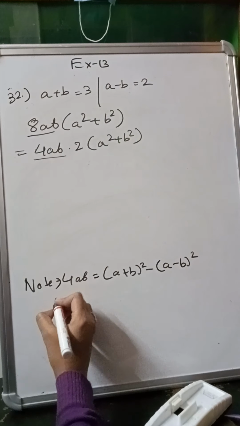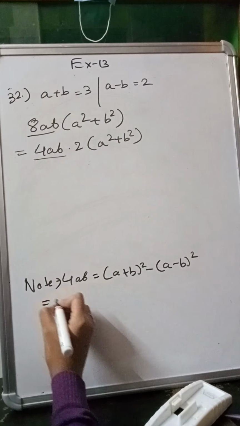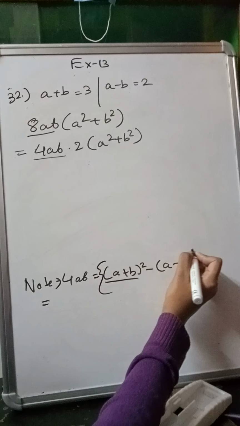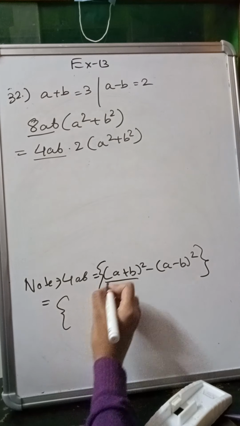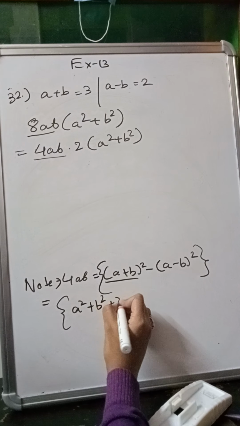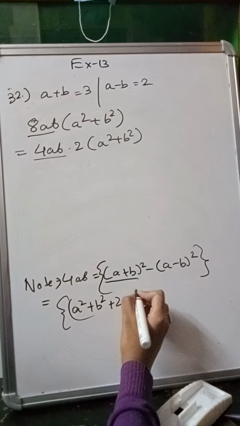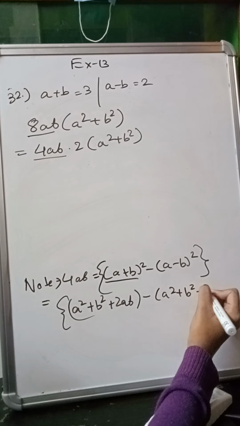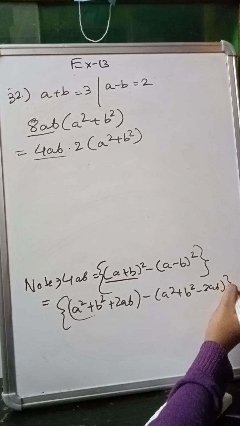See how can I write this? Why I am writing this? See, if I just expand this, just put a third bracket. So if I just expand this, this will be a square plus b square plus 2ab, and this will be a square plus b square minus 2ab, right?